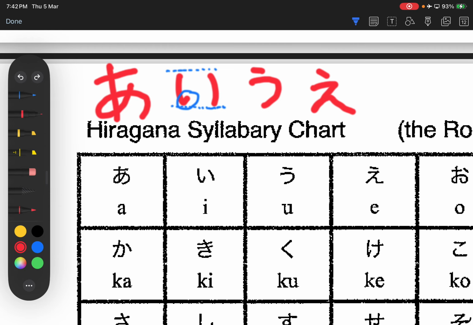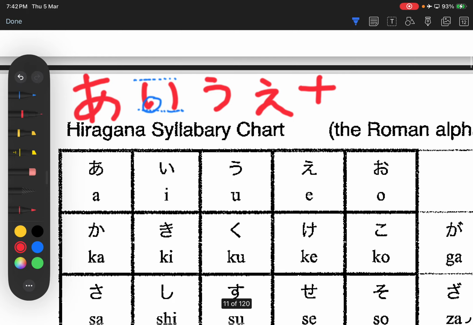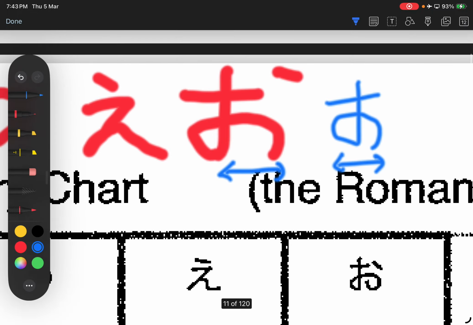And then for the very last, we have "o". A lot of people will make the mistake of writing it like that, a little bit out of shape. This is supposed to be wide on the right side, a little bit wide on the right hand side. So this is "o".